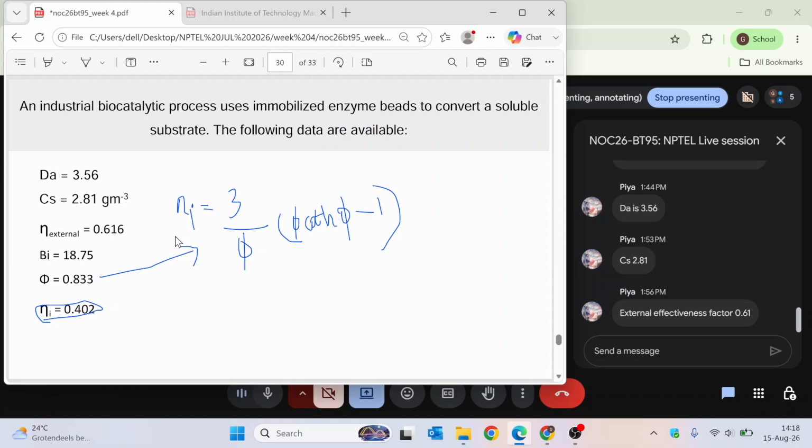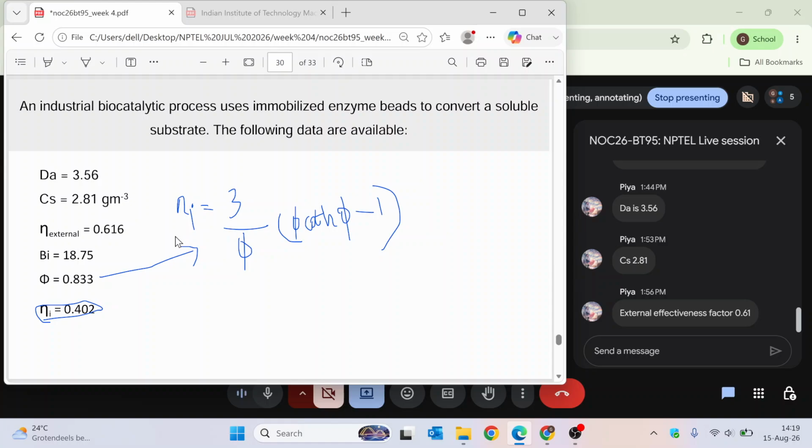You can see that your Thiele modulus is what determines your eta I, right? So if you decrease your Thiele modulus, then your efficiency is going to increase. How to decrease your Thiele modulus? One basic step is to reduce the bead radius, and the next one is increasing the flow rate.